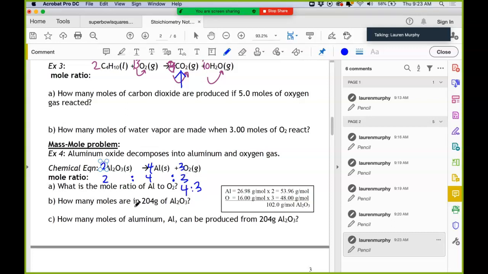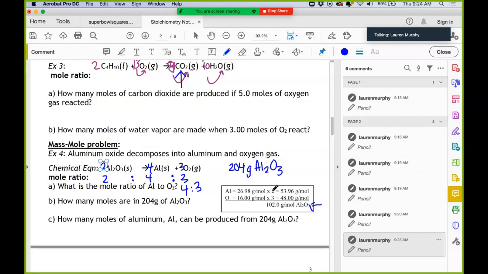And this first part says, how many moles are in 204 grams of aluminum, or aluminum oxide, excuse me. Well, this is old stuff. Grams to moles. How do we turn grams to moles? Molar mass, right? So 204 grams of aluminum oxide. Now look, I cheated and calculated the molar mass.